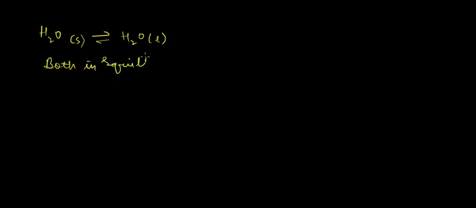Okay, hi guys. So we'll be continuing on seeing the law of chemical combinations. So let's get started. Suppose we have H2O in solid state and it is getting converted into H2O in liquid state. Both are in equilibrium.